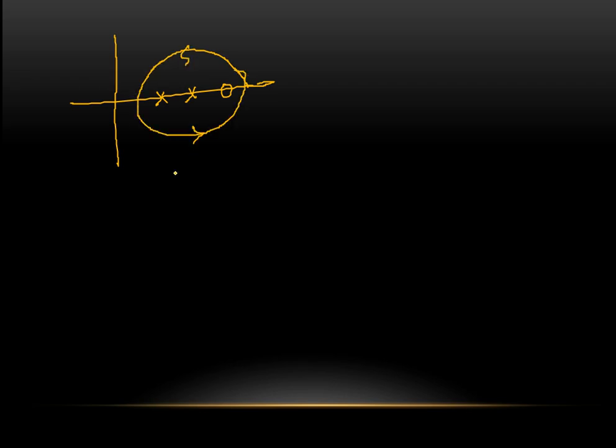So for example, take some other s plane. In this s plane, suppose you have two poles and one zero, and it is enclosed by some path. Here we are having two poles and one zero.